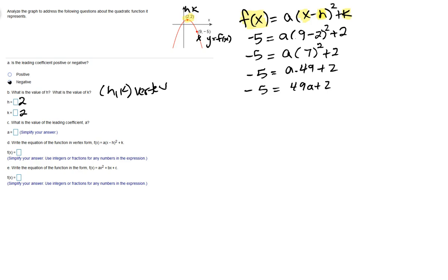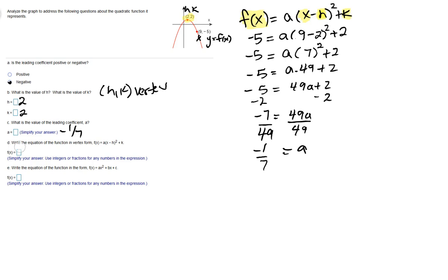We're going to solve for a. Subtract 2 on both sides. That gives me negative 7 equals 49a. Divide both sides by 49, and we have a equals negative 1/7. So negative 1/7 is a.